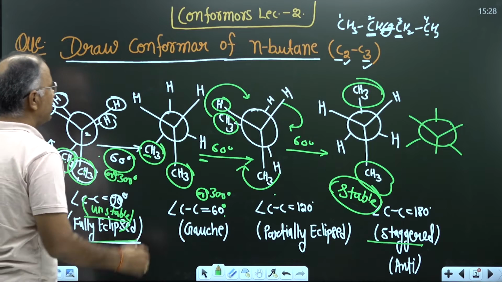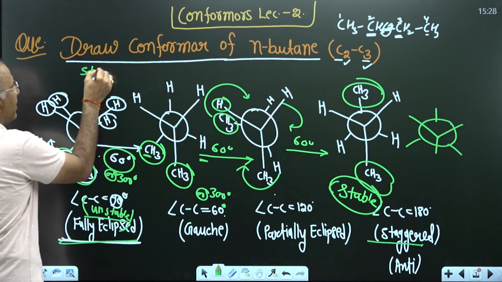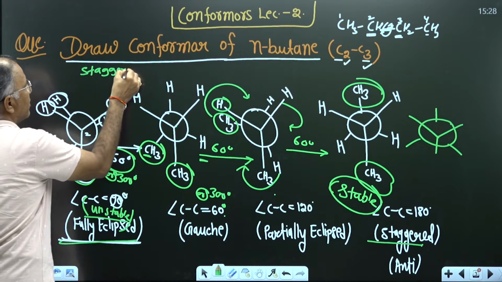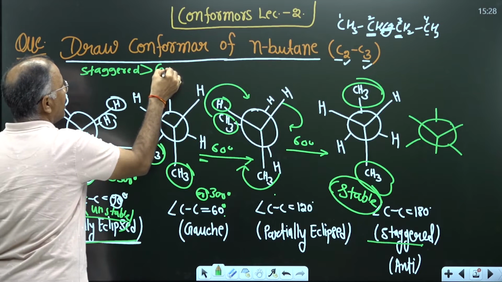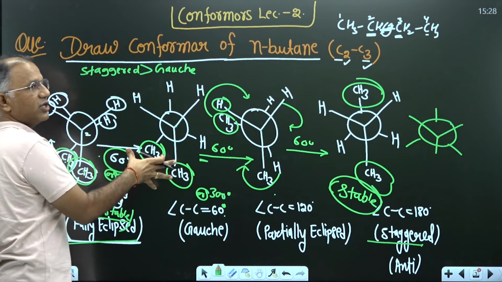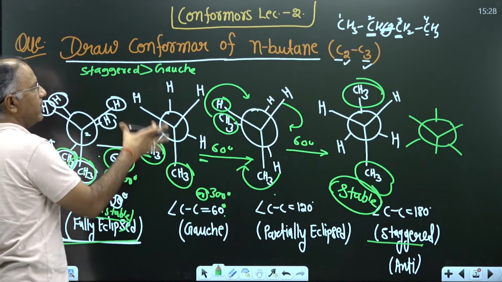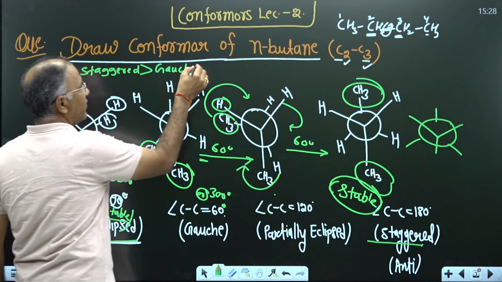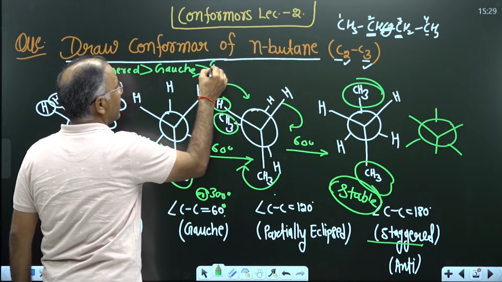Then what is the relative stability? The most stable is our staggered. Then there will be gauche, because gauche is a similar orientation to staggered. Now after gauche, there will be partially eclipsed.